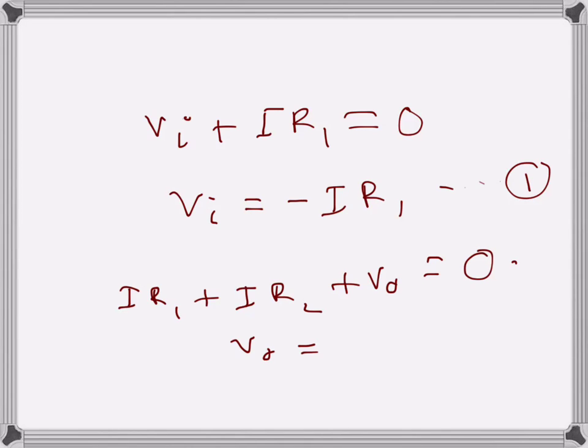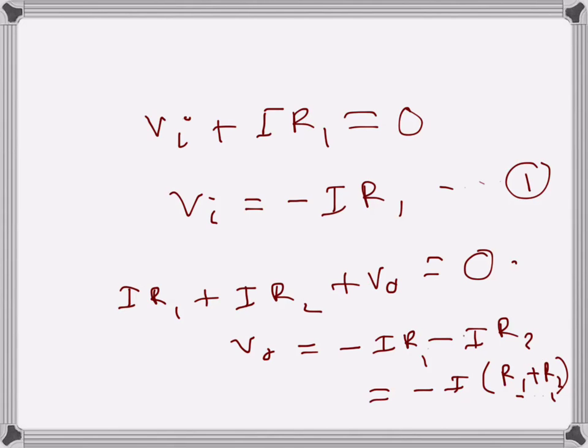So V0 is minus IR1 minus IR2, or we can write minus I(R1 plus R2). So this is our other equation. Let's call it equation 2.